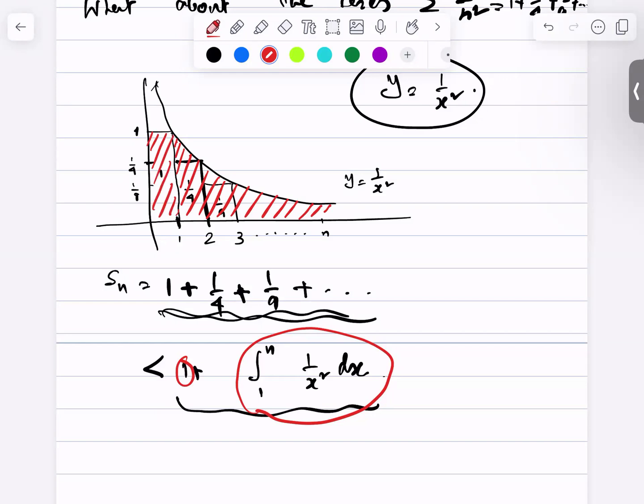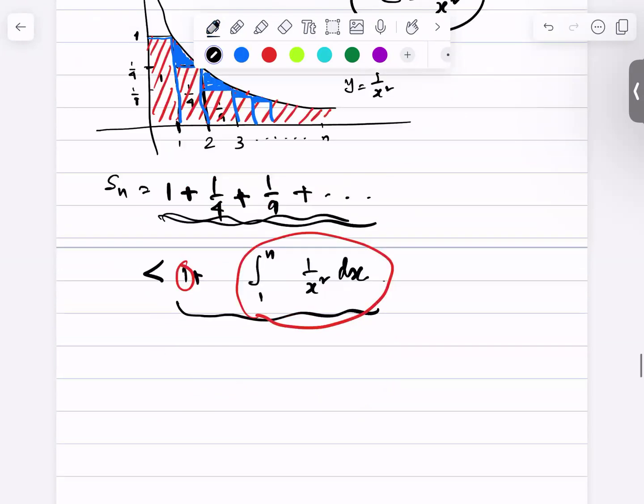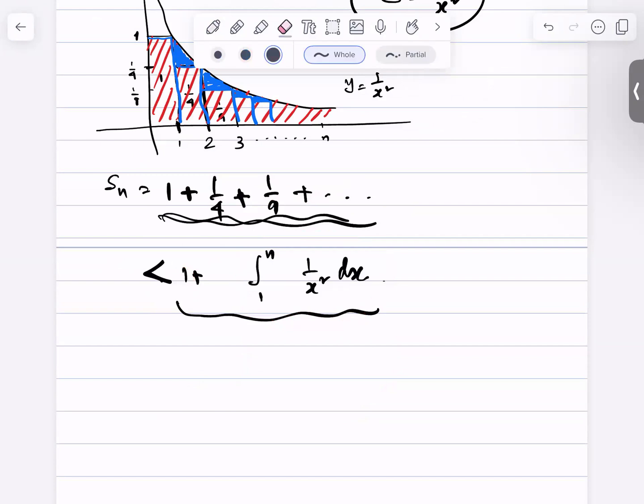And obviously this red shaded area will be bigger than all the area of these red rectangles, because the red rectangles are discarding these small pieces, and so on. So therefore, for sure, I can say that this inequality is valid.